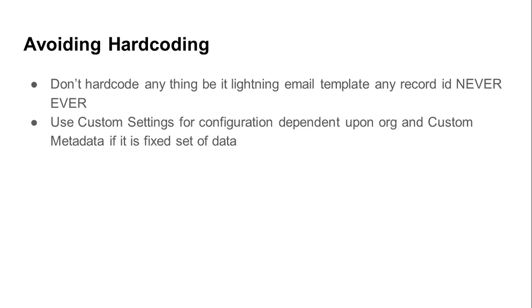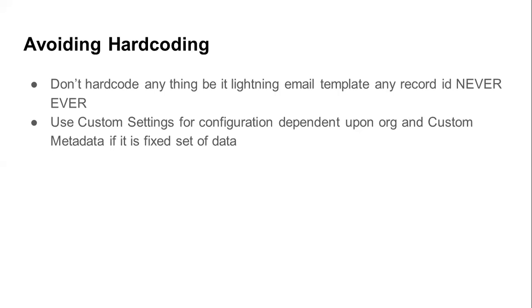Next is around hard coding, which I explained earlier. Don't hard code anything ever. Wherever you think things are environment dependent, you can use custom settings, but it doesn't mean each and every thing you put in a custom setting and say it would be handled later, or do the deployment through custom settings. Always, wherever possible, use the developer name to query, or any fixed ID which would be the same across all the environments.